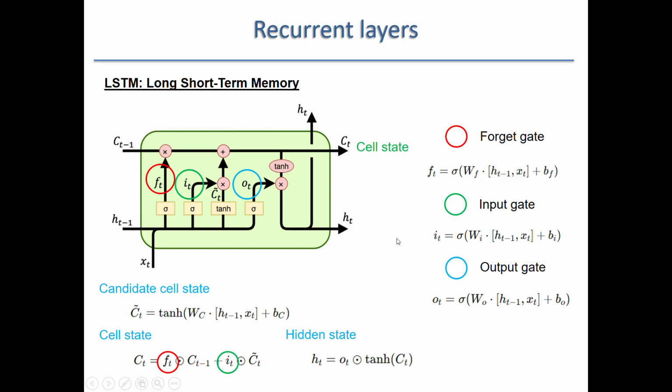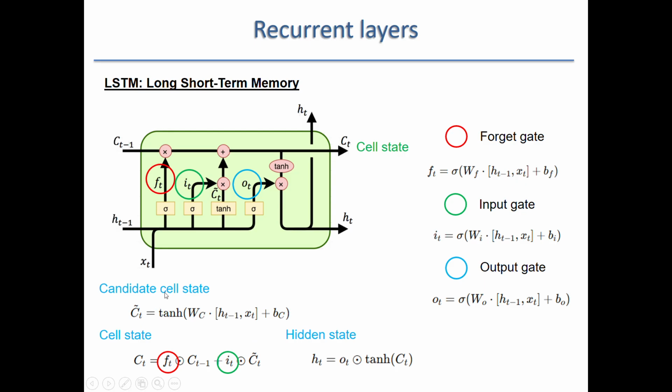You have gates for how much to forget from the previous, how much you want to take from the input, and how the previous and the current input will affect the output, and then you have the update equations for each one of the states.